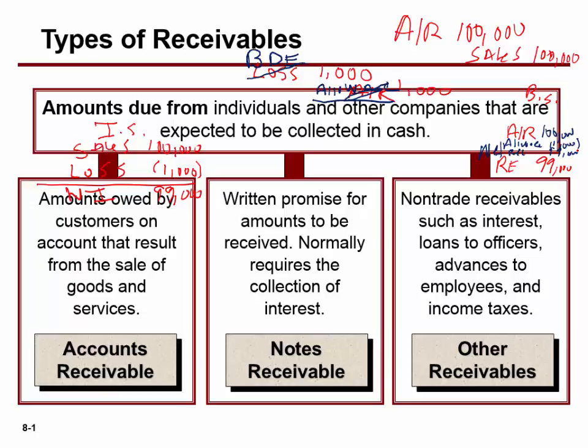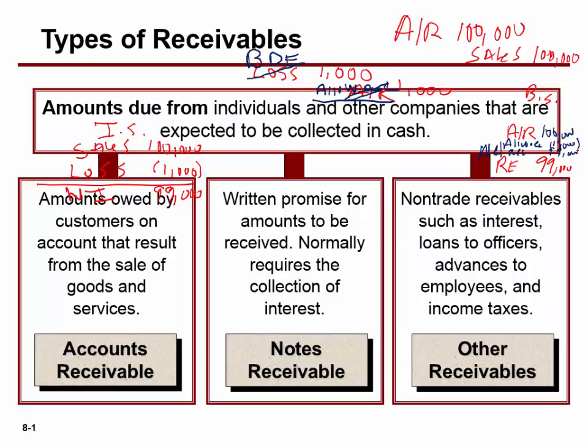So what we should do is, we didn't put enough in here. Apparently, we thought we were only not going to collect 1,000, but it's actually 10,000 we're not going to collect. So we should debit bad debt expense for another 9,000 and credit the allowance for 9,000, because apparently we weren't right.